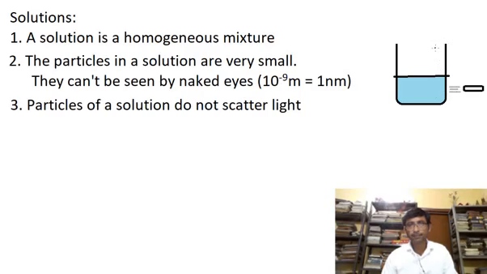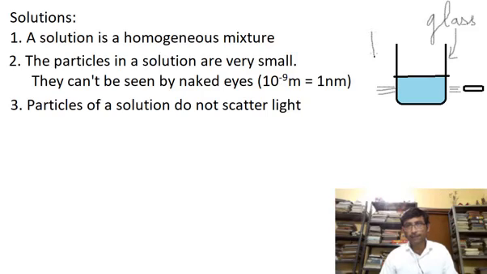on this container. And suppose this container here is made up of glass, so it is transparent. That means light can enter the container, pass through the solution and come out on the other side.